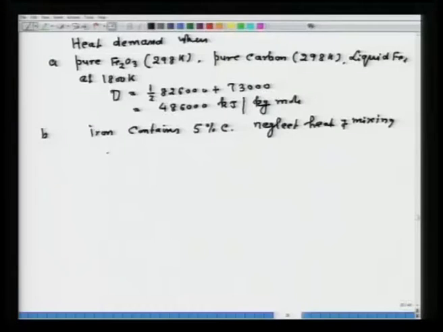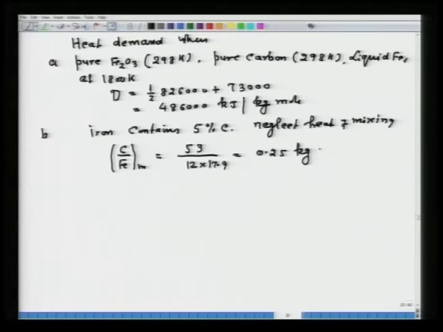So, first of all we will calculate C by Fe, that is moles of carbon in metal, which is again 53 divided by 12 into 17.9, and that is equal to 0.25 kg mole per kg mole of product iron.